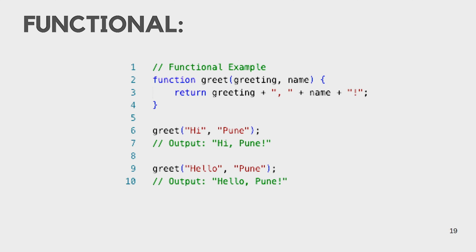So now I can run my program by calling my function greet, passing in the input hi and Pune, and I get the output, the string hi Pune. And I call the same function with different inputs and get a different string. Put in hello.